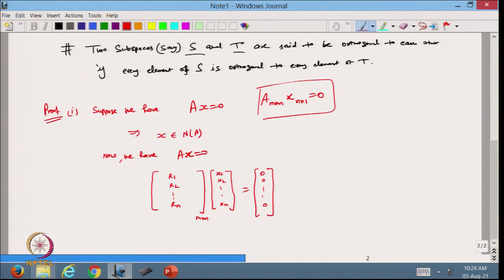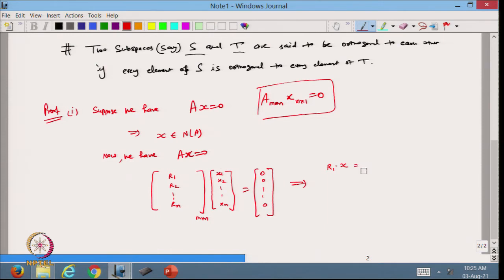Now, if you see from here, what I am doing is multiplying this vector with the first row of the matrix, and we are getting 0. So from here I can write R1 dot product with x, because this is my row vector and this is my column vector, and I am taking the dot product, that is equal to 0.